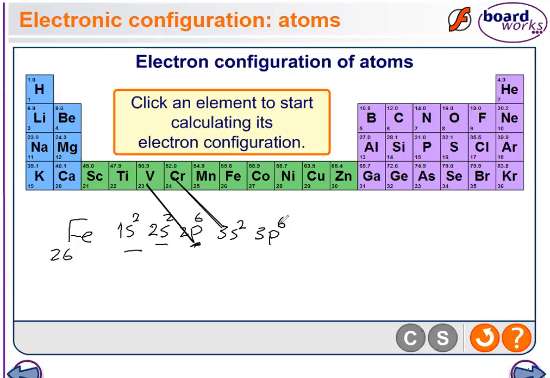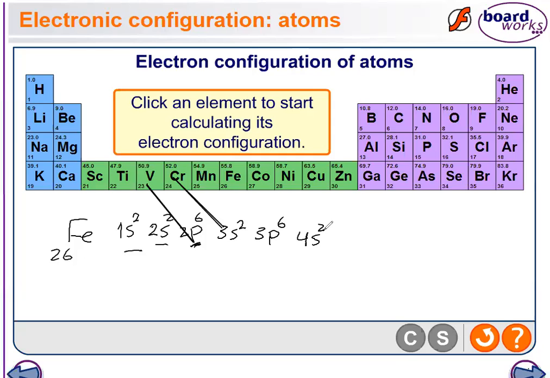So after 3p, what's the next energy level? Is it better to open 3d or 4s? Guys, who can answer this question? What after 3p? 3d? No, we said 4s is lower in energy than 3d. So we start with 4s first.